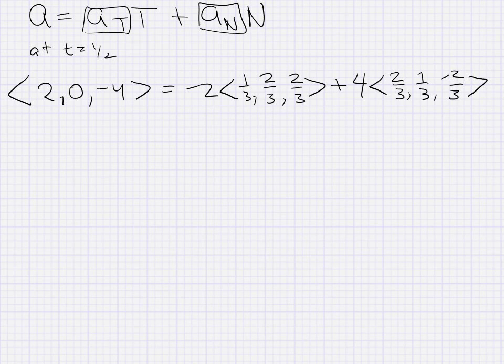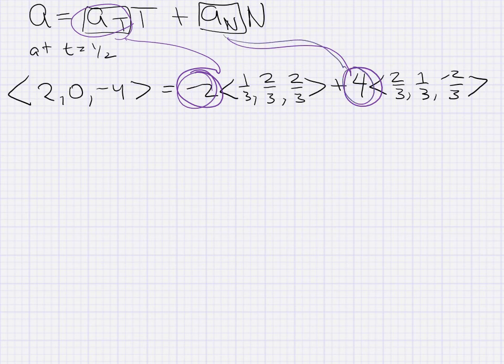Okay, and so a sub t being negative 2 and a sub n being 4, what this tells us is that the speed is changing at a rate of negative 2, so that would be more of what you would think of as traditional decelerating, the fact that it's a negative, and the direction is changing by a rate of 4.